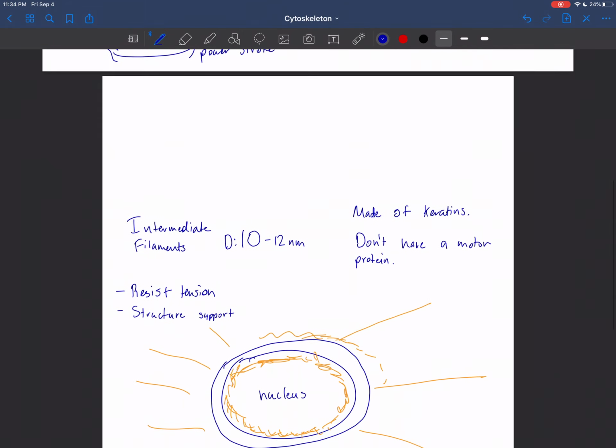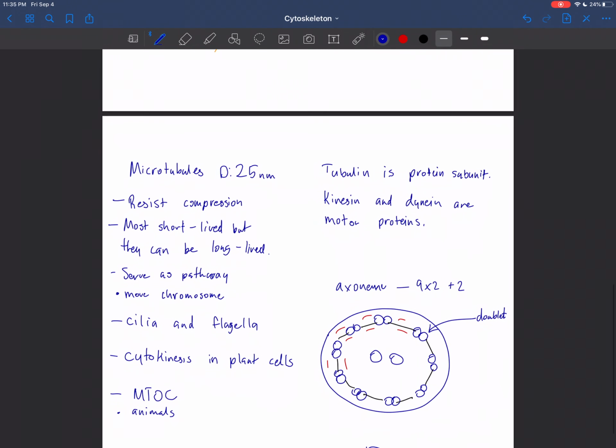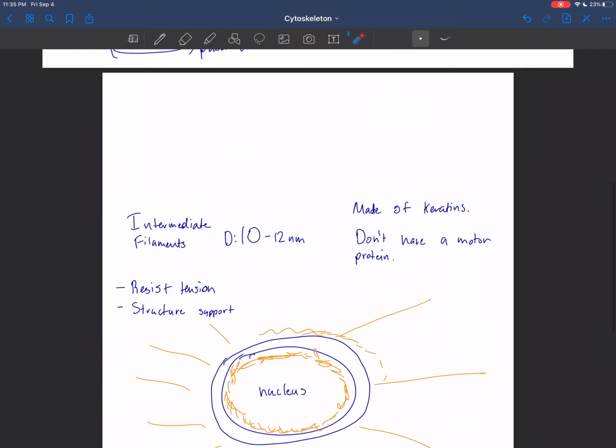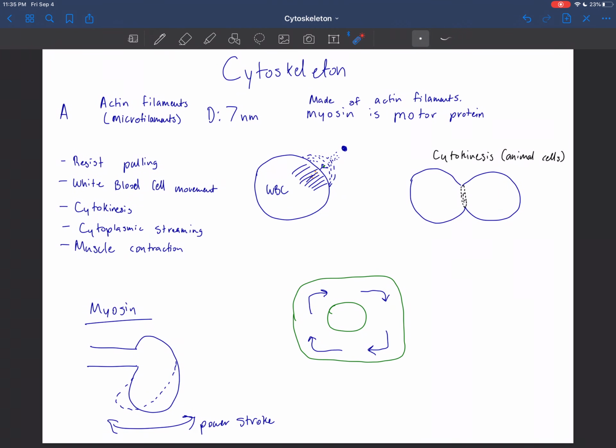Really, they're pretty useful. The first time I took biology, maybe in high school, I didn't exactly know what was going on here. I didn't understand how these were related, and I just aimlessly tried to memorize that microtubules do this. But basically, these are all elements that help the cell to function. We have, I think, billions of cells in our body, and depending on how specialized the cell is, each is going to be used for different things, like white blood cell movement.